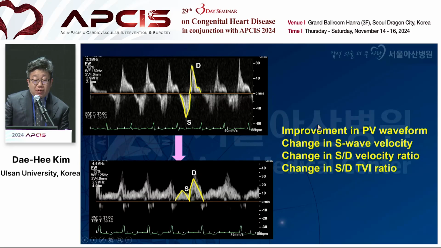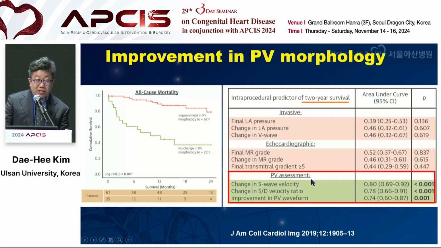Most of all, the evaluation of pulmonary vein flow is most important during the TEER procedure. The improvement in pulmonary waveform, disappearance of the reversal flow, or change in S velocity, the increase in S/D velocity ratio, is most important during the TEER procedure. According to some literature, pulmonary vein assessment is an independent predictor for cardiovascular outcome.